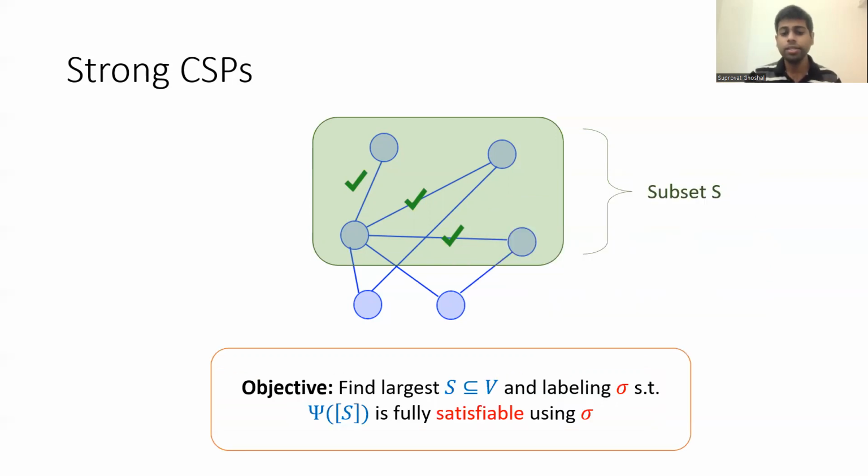And in this language, formally, the objective of the strong CSP is to find a subset of largest size which induces a satisfiable subinstance and labeling that witnesses that satisfiability.